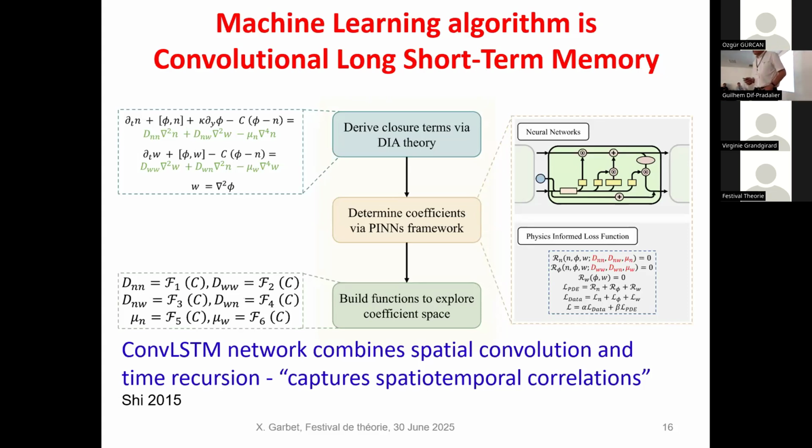Convolutional is just the fact that if you have an image, instead of multiplying your pixel in the neural network by the activation function, you convolve with neighboring pixels. Of course, this introduces complexity, since you have to decide how many neighboring pixels to take around the pixel of interest. The advantage is that you capture correlations in space much better.